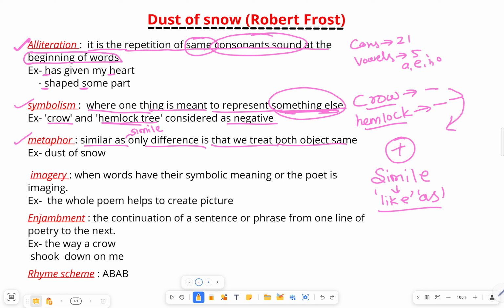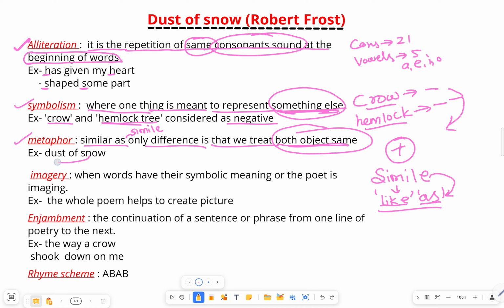Are you getting the point? So you have to understand what metaphor means: both objects are treated as the same without 'like' or 'as'. There's no need to use 'like' and 'as'. If you are using 'like' and 'as', it is a simile, and if you are treating both objects as the same, it is a metaphor.